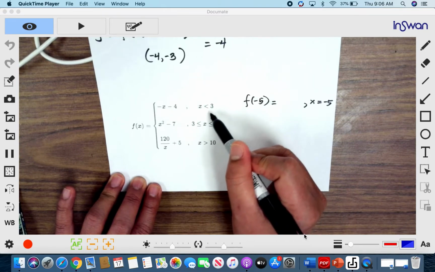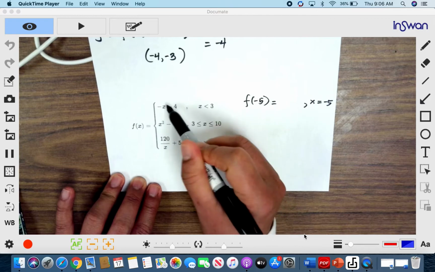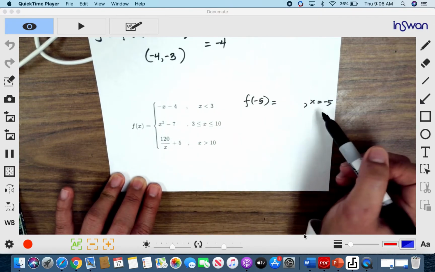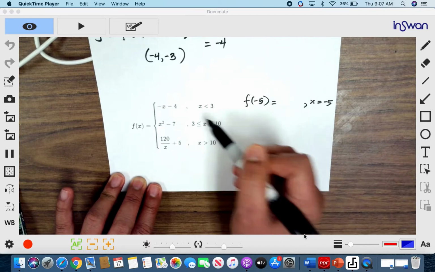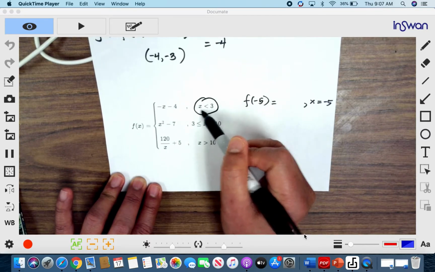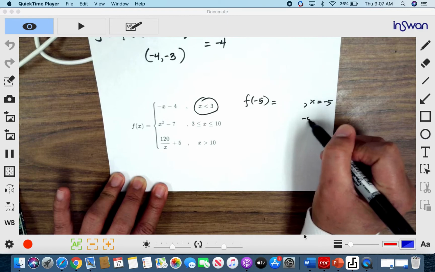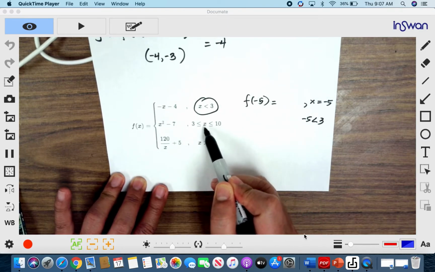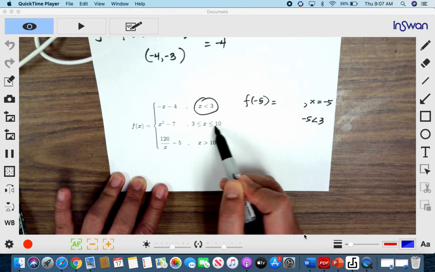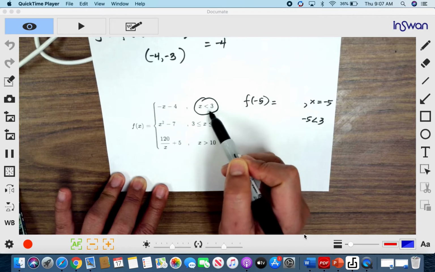They only help you choose which piece to use. So x = -5 belongs here because -5 is less than 3. You cannot put -5 in the other pieces because -5 is not between 3 and 10, nor is it greater than 10. So it has to be here.